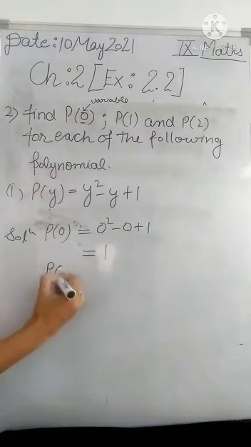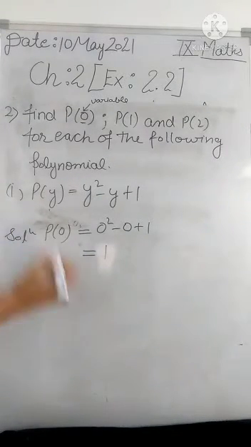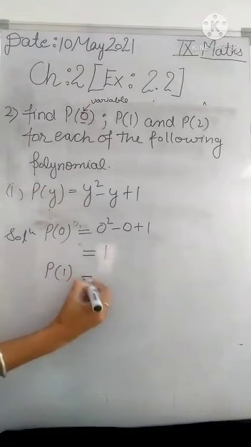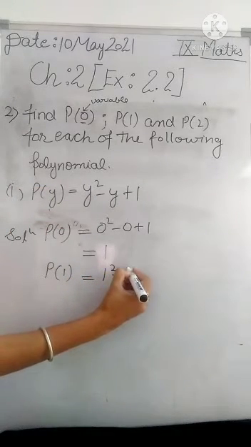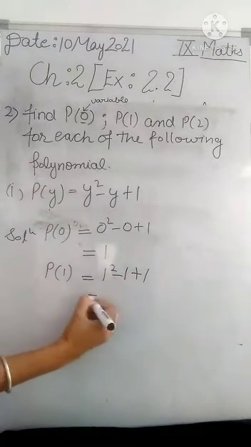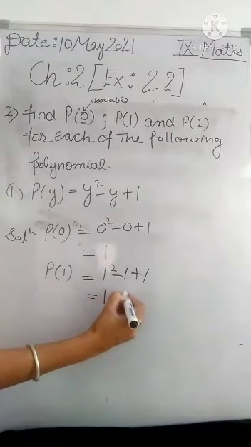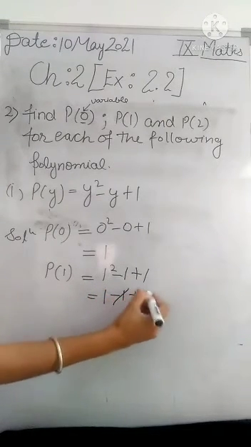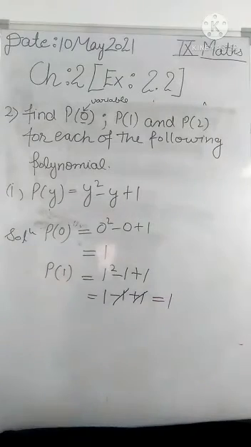Now p(1), now I will put y as 1, this is 1 square minus 1 plus 1 and 1 square is 1 minus 1 plus 1. I cut this with this, I get 1 as my answer.